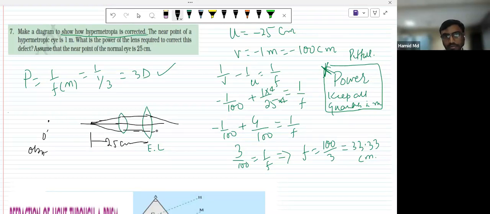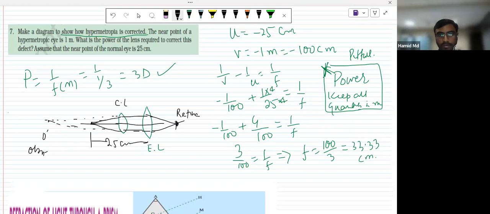And after this refraction, it will be at the retina, right? And virtually it will look like that. This is the eye lens and this is our convex lens, CL. There will be a point where the image is formed on the retina. Yeah, this is our retina.